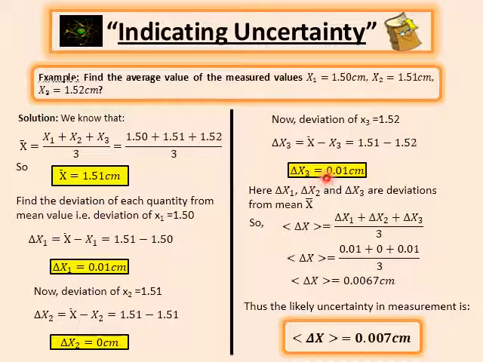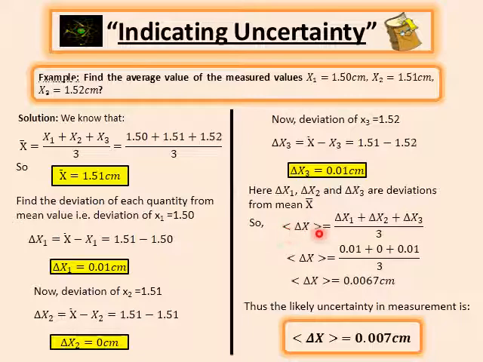After solving this, we have the value of delta x3 as 0.01 centimeter. Here now delta x1, delta x2 and delta x3 are the deviations from the mean value of x. So the average delta x is equal to delta x1 plus delta x2 plus delta x3 divided by 3.